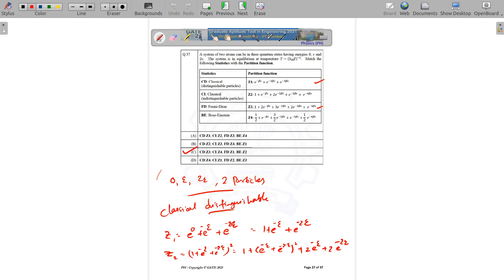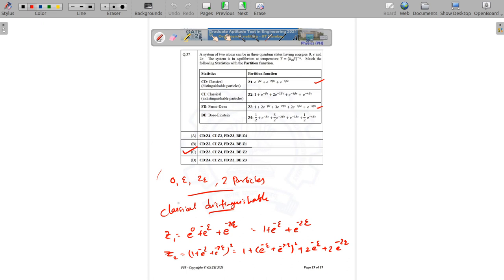Classical, what if they are classically distinguishable? So these are the usual particles we observe. In this case, what you have to do is find out the partition function for one particle, and since it is not given that they are interacting particles, you can assume that these are non-interacting.